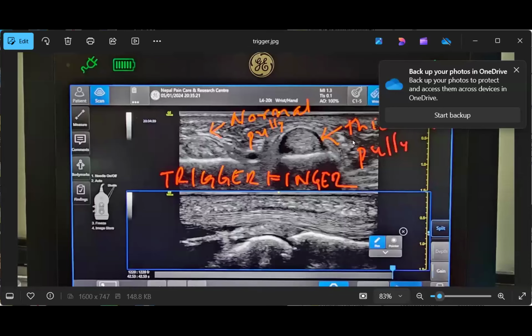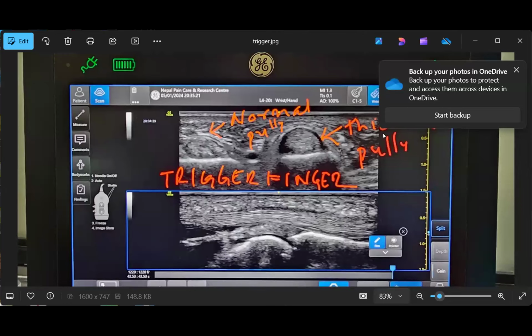So I'm showing you one of the pictures that I've taken of trigger finger, okay? This is a very nice picture. Can you see? Is it visible? Yes, sir. Yes, very nicely.